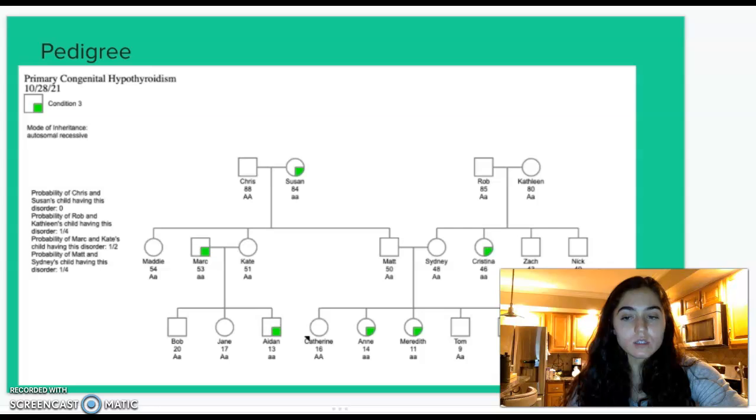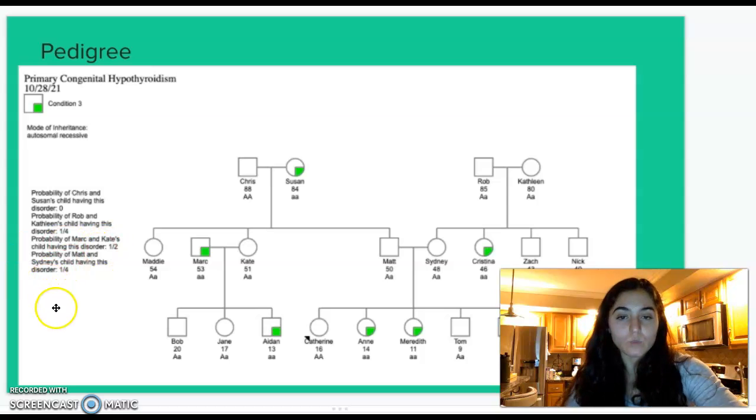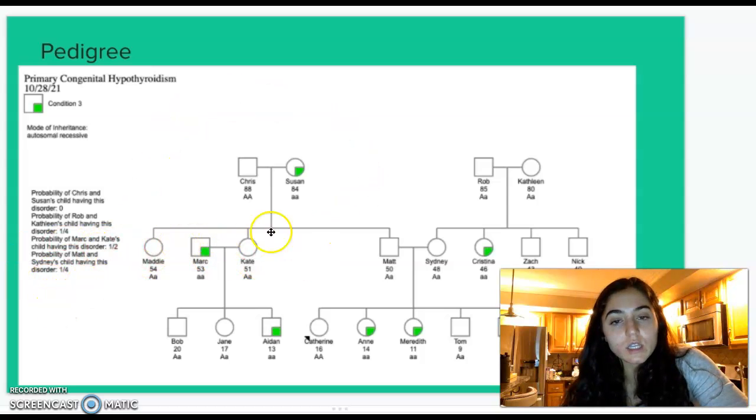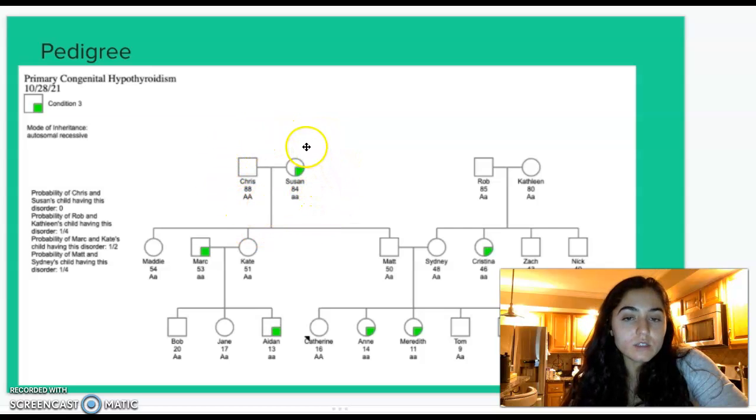So we can see this autosomal recessive inheritance pattern in pedigrees as well. We can see here that there is the parent that has the disorder. The other is dominant for the functioning NIS.